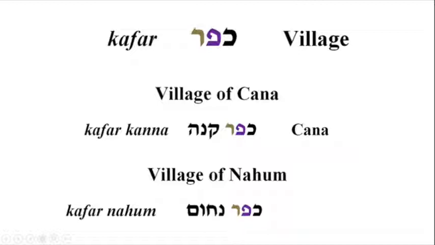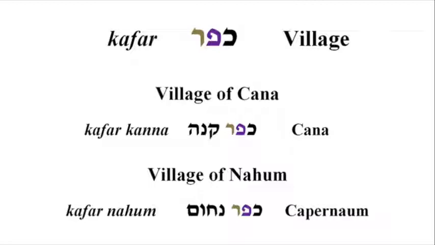So when it turned to English, Kfar Nahum became Kapar Nahum, Capernaum. You hear Capernaum and think it's a very New Testament name, and it's all through the New Testament. Yeah, it's Kfar Nahum, the village of the prophet Nahum.